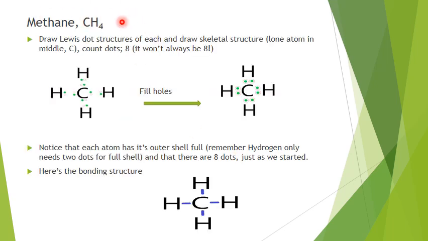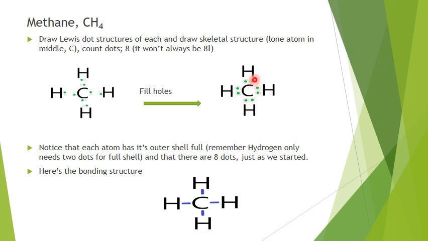So here's my thing. The first thing to do is draw the Lewis dot structures. Count the dots, 1, 2, 3, 4, 5, 6, 7, 8, and fill the holes. And you get this.